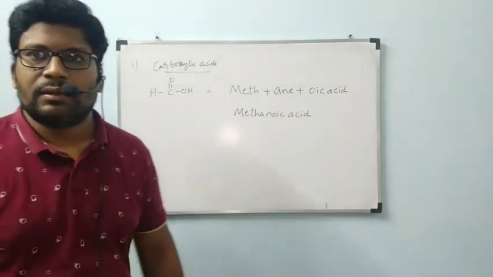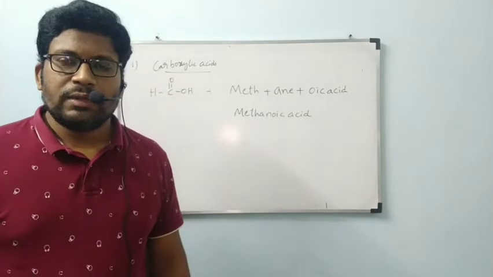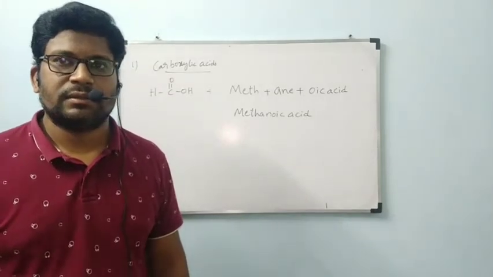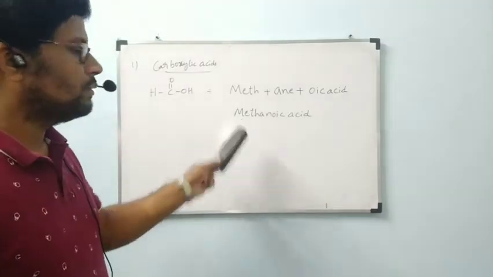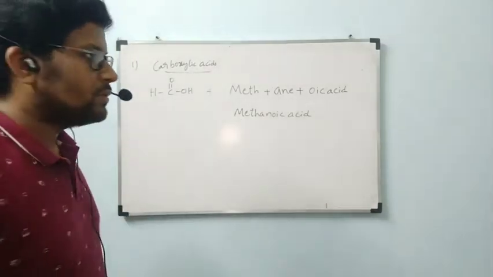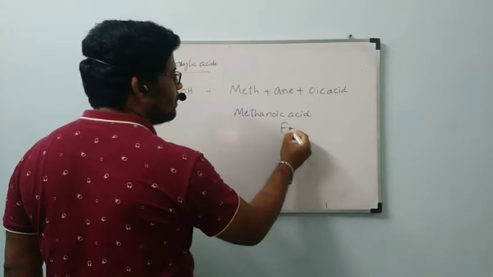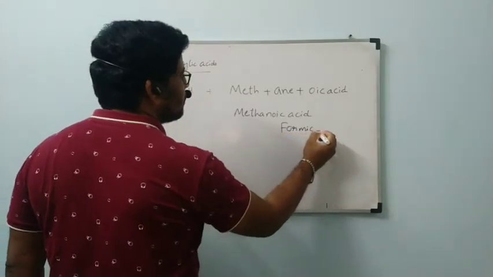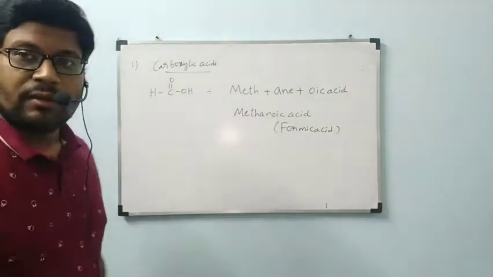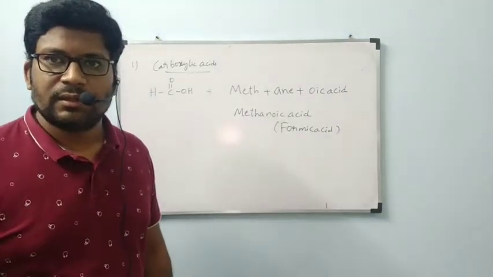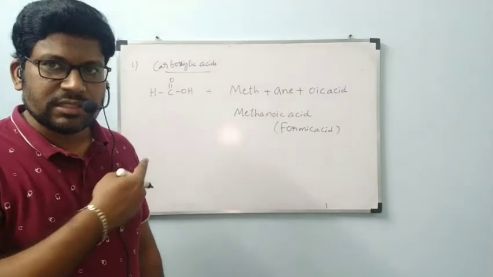We will get methanoic acid. That is the name of this compound. Common name: formic acid, which is obtained from red ants. Red ant stings contain this acid only.